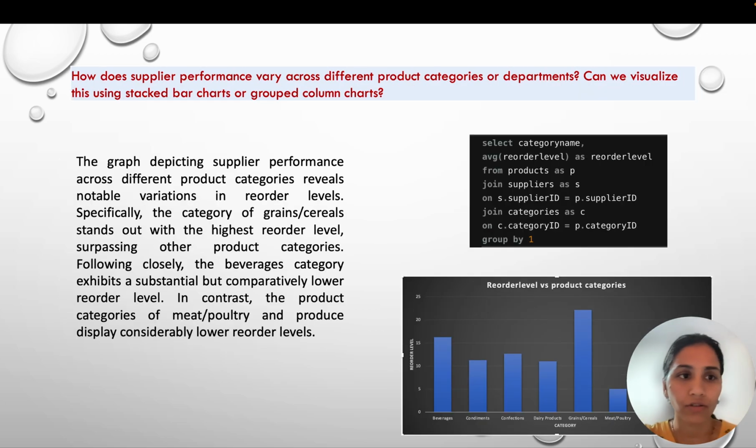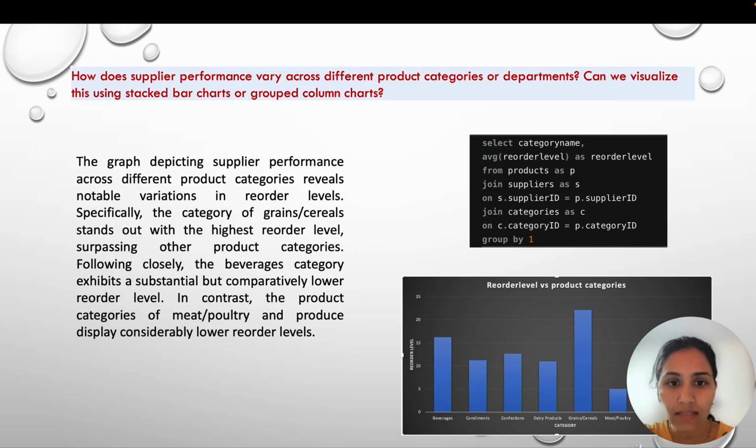Moving on to the next question, how does supplier performance vary across different product categories or departments? Can we visualize this using a stacked bar chart or grouped column chart? For the data set, we have taken the category name and average reorder level from the tables products, suppliers, and categories.